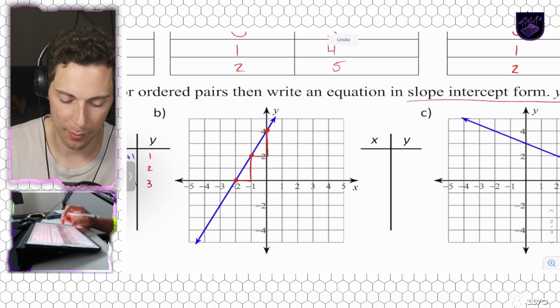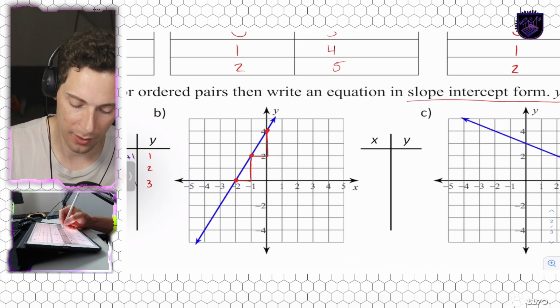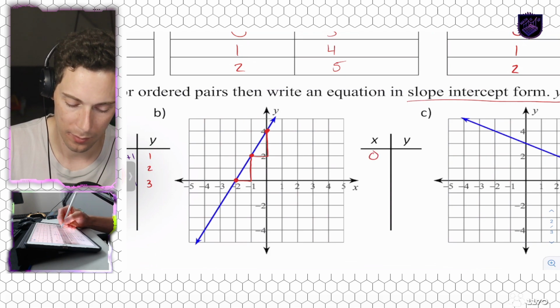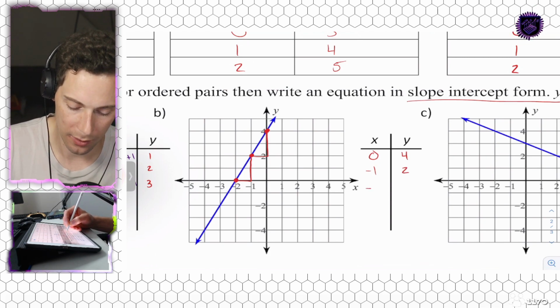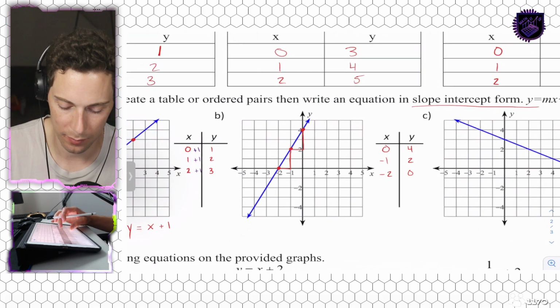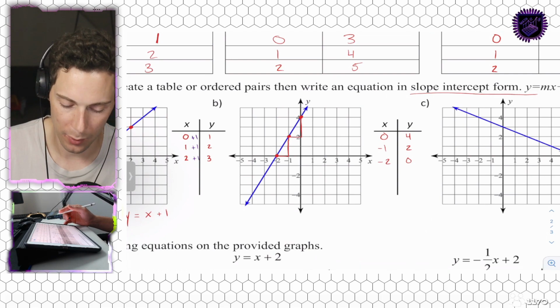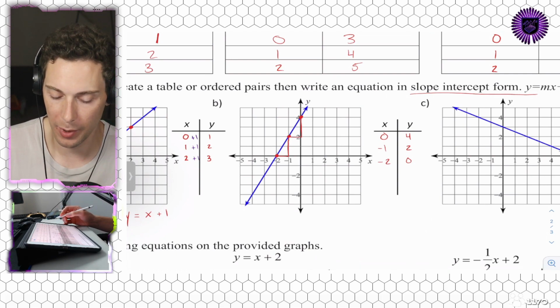So we can make that prediction of the growth pattern. So x is 0, y is 4, x is -1, y is 2, x is -2, y is 0. So what can we say about this growth pattern?